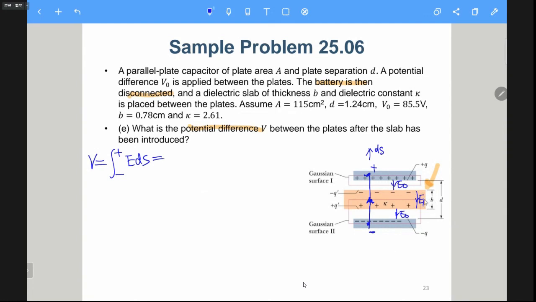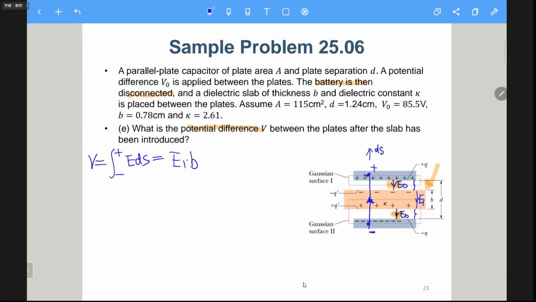Okay, so for this part, it is E1 and it is uniform inside the dielectric. So it is E1 times b. For this part and this part, we don't necessarily know the length of each, but we only consider the sum.